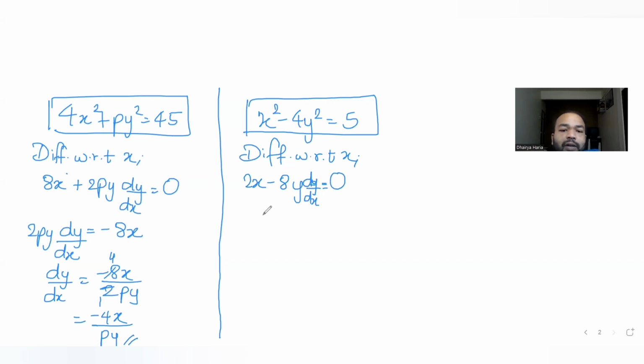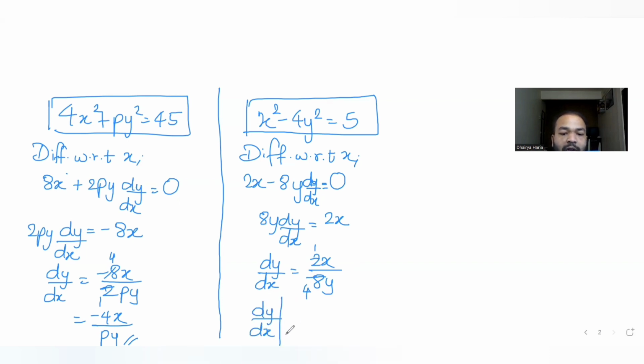So this gives me 8y dy/dx = 2x. So dy/dx becomes 2x by 8y. 2 ones are 2, 2 fours are 8. So you get dy/dx, that is the slope of the hyperbola, as x upon 4y.